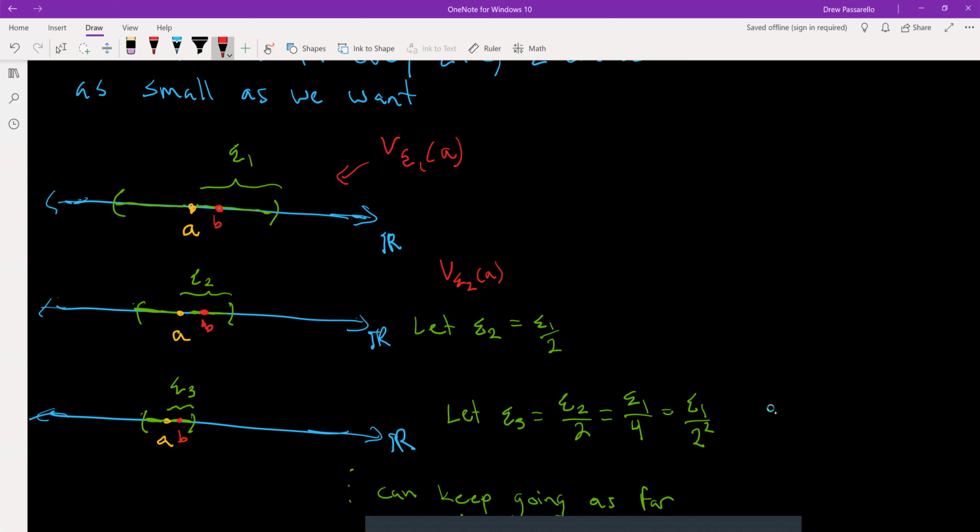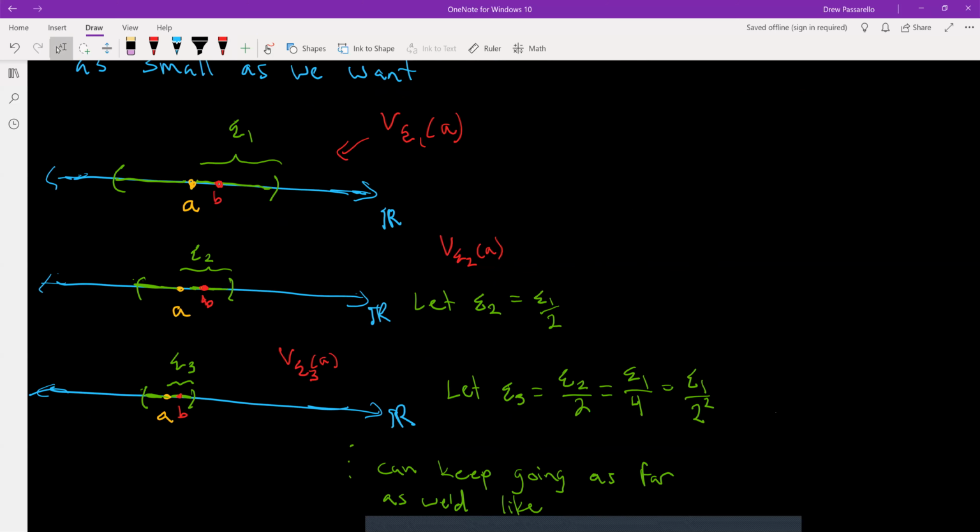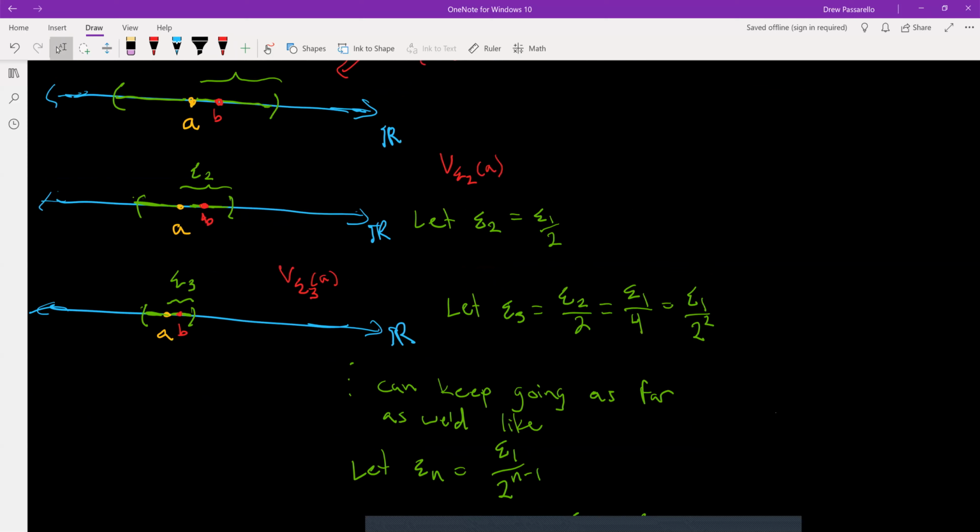Now if I keep doing this, for the epsilon 3 neighborhood around A, if I cut in half the previous neighborhood, which is epsilon 2, that is the same thing as cutting the first epsilon 1 neighborhood by 4, so dividing it by 4.